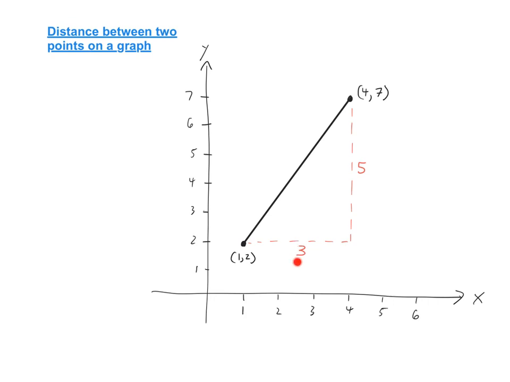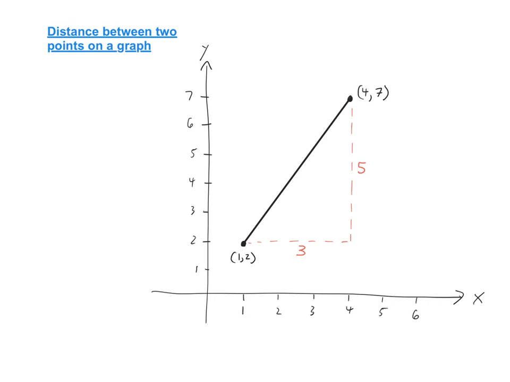So in other words, this distance, the horizontal distance, is just the difference between the 2 x values or x coordinates of the 2 points, and this vertical distance is simply the difference between the 2 y values. 7 minus 2 gives me 5.